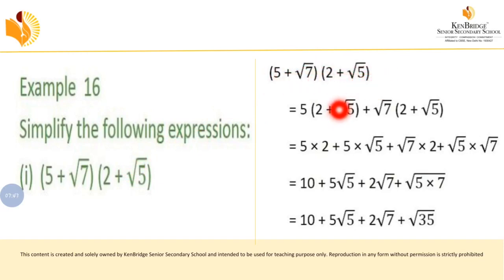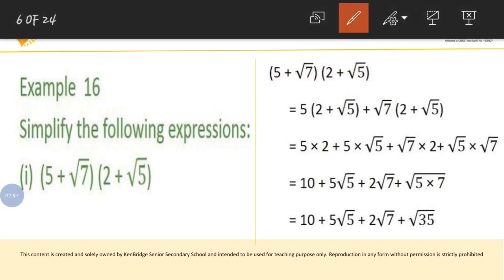Now what we did, you have learnt about the distributive law, right? So here as per the distributive law we have distributed the given expression, okay. Let's see. First we have multiplied 5 into 2 plus root 5, this term fully, okay. 5 into 2 plus root 5, then in between plus is there, so here also we have used plus. Then we have multiplied root 7 into 2 plus root 5. This we have taken as a whole term, okay.